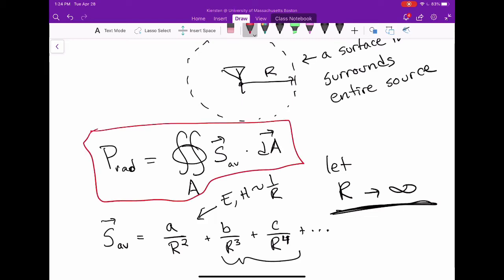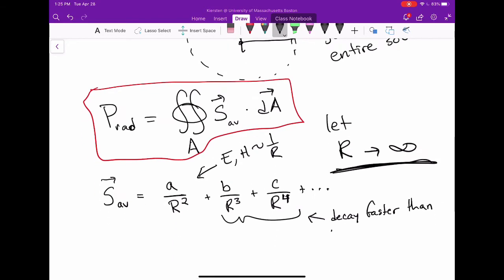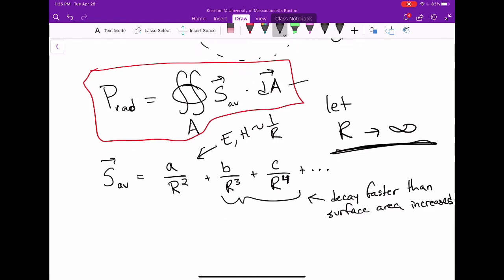because they decay faster than the surface area of the sphere increases. The easiest way to look at this is to remember that for a sphere, the differential surface element is r squared sine theta d theta d phi.